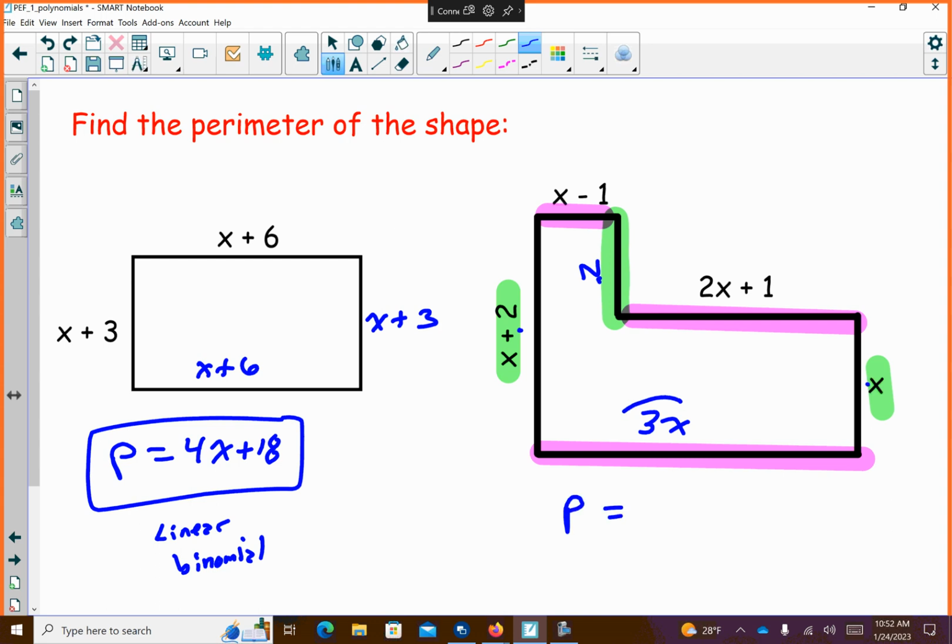So I have 3x plus x is 4x, 5x, 6, 7x, 8x. Is that a negative x right there? Oh no, it just has a dot. And then I have 2 minus 1, 1, 1 plus 2, 3, 4. Oh, that's also a linear binomial.